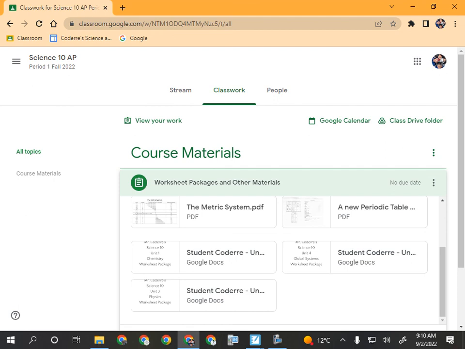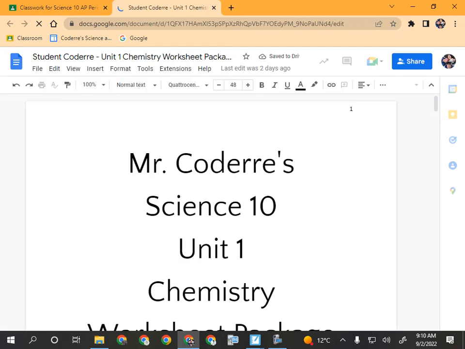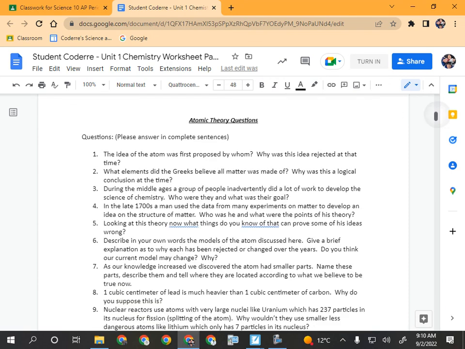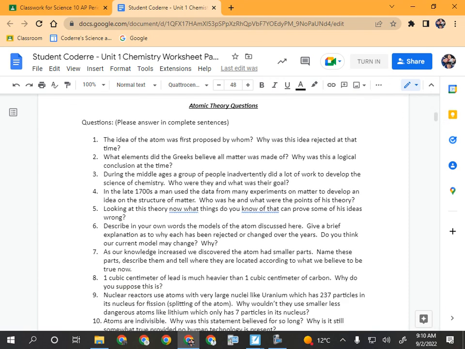Open up the one that says Unit 1 Chemistry Worksheet Package. These are the atomic theory questions. I will give you the remainder of today's period to work on those, and probably a little bit of time on Tuesday to finish them up.